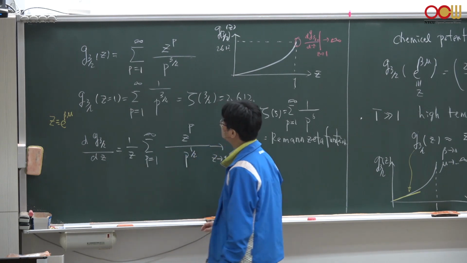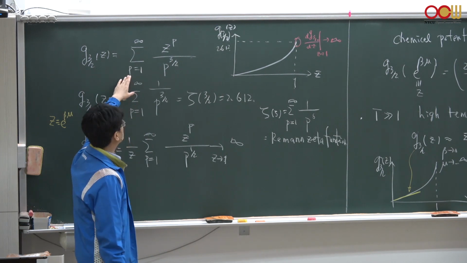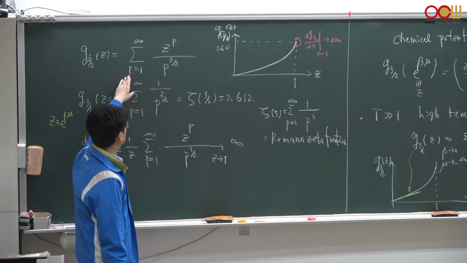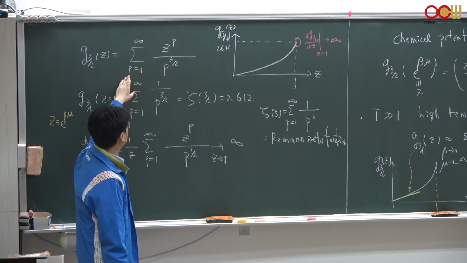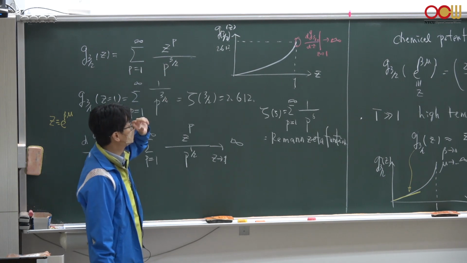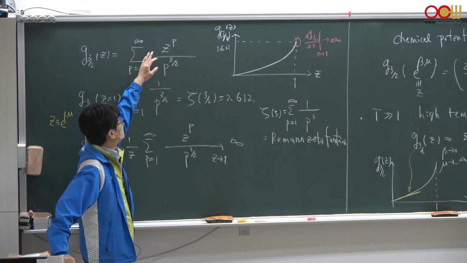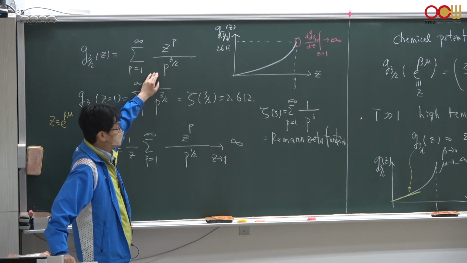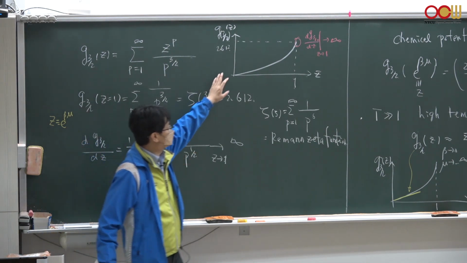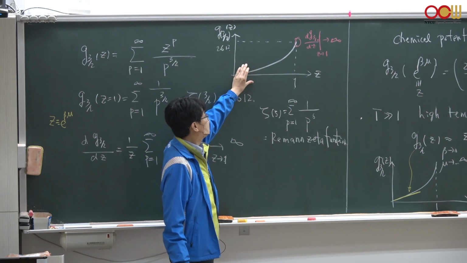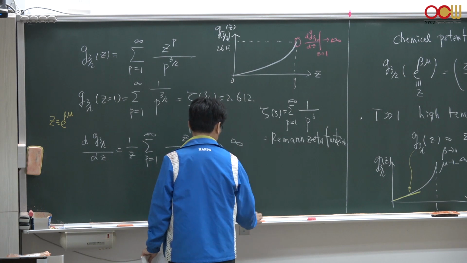This g 3/2 function is the summation over an infinite number of terms over integer values of p, ranging from 1 to infinity, where inside the summation is z to the power of p divided by p to the power of 3/2. So this function could be evaluated numerically, and the result is given by this plot for z between 0 and 1.